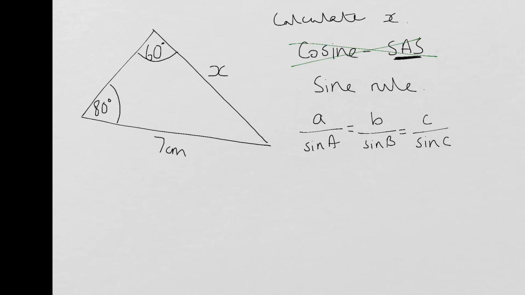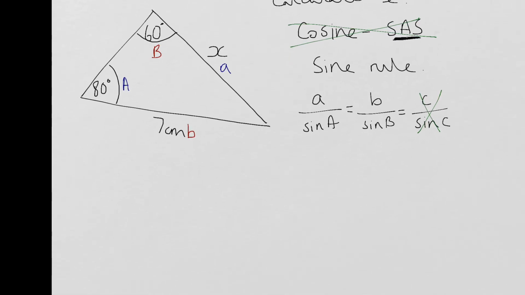So lowercase a is the length, and that means that the capital letter A has to be the angle opposite it, like so. For B, B is the length, so if I make that lowercase b, that's going to be capital B. And we always find that there's a third one that we don't really need, because I don't need all three parts of this fraction equation to work.